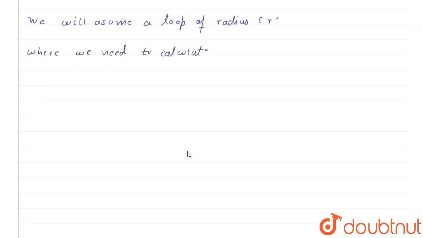So using Ampere's circuital law, the integral of magnetic field and the current element will be equal to mu naught times the current enclosed by this particular loop.